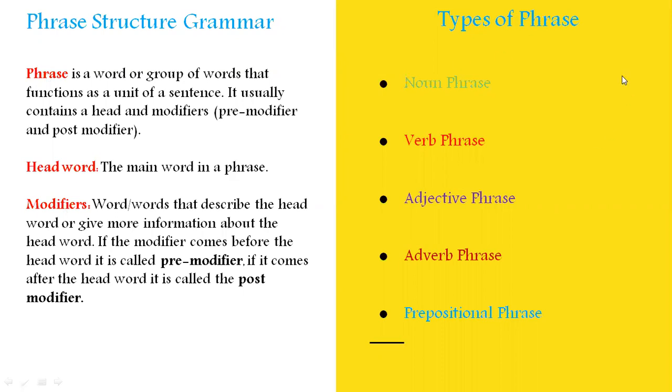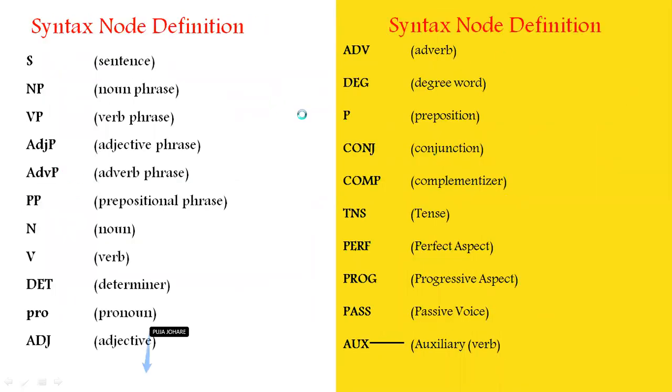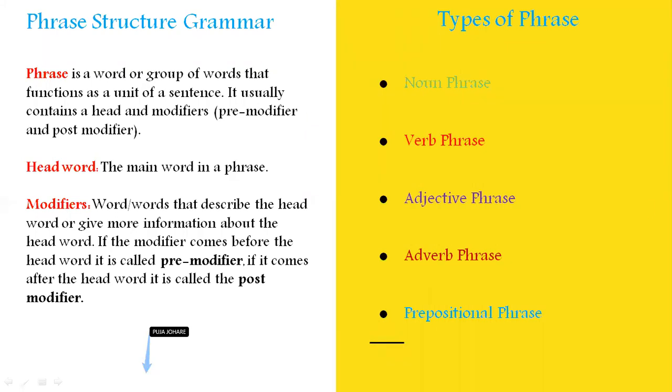Now we have our next point, types of phrase. In English, there are 5 types of phrase.